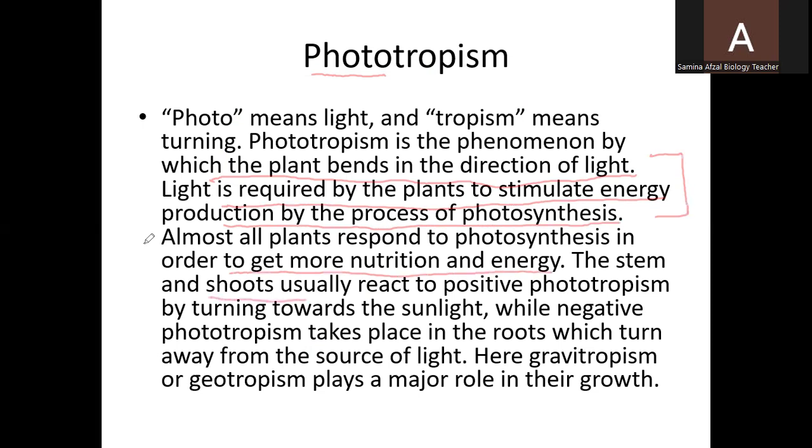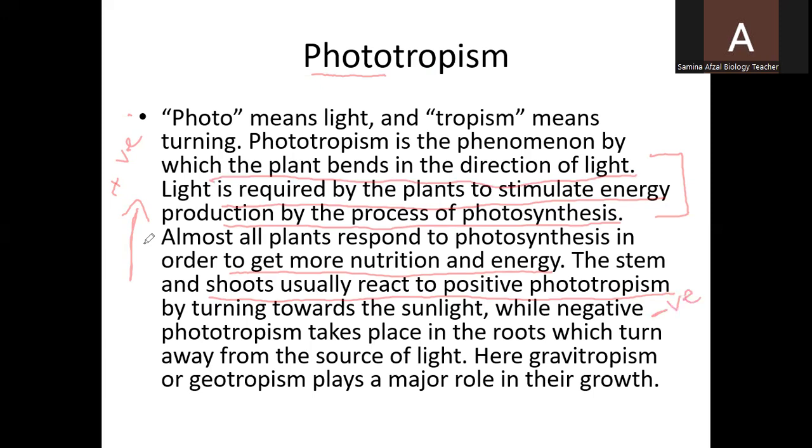The stem and shoots usually show positive phototropism as they move towards the light, whereas the roots are moving away from the light, so they will show negative phototropism.